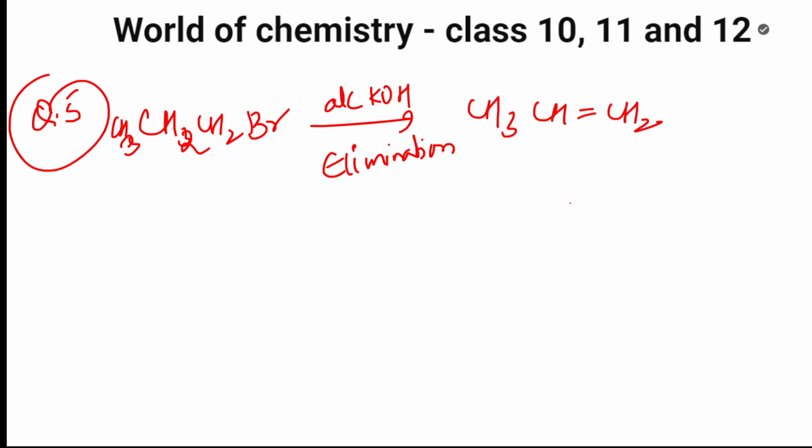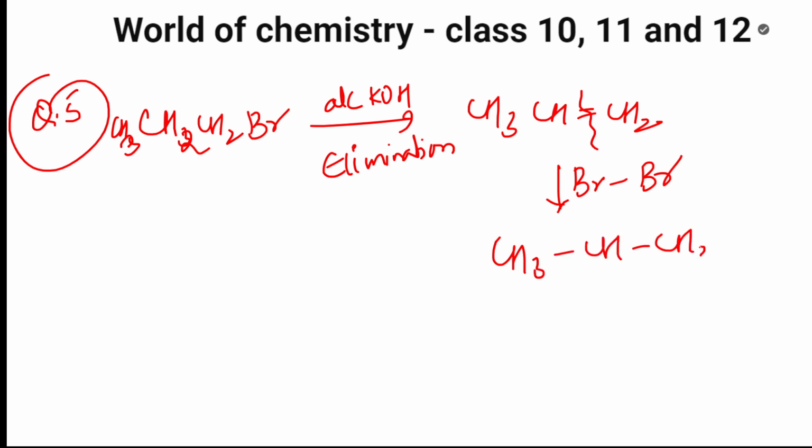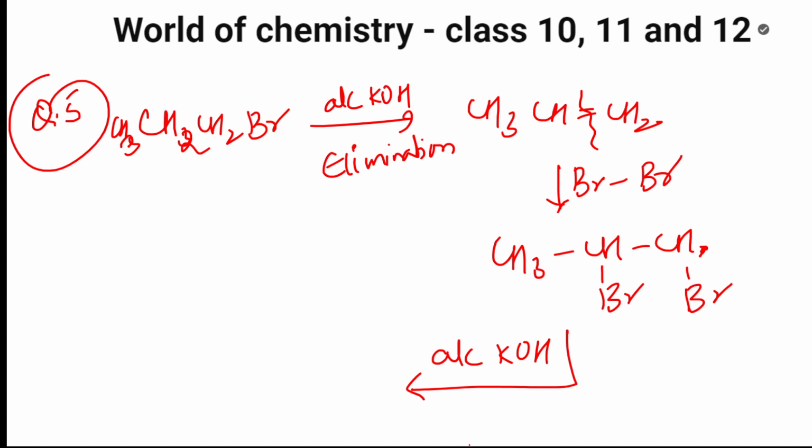The CH2. Now, suppose I'm adding bromine, again it will break and add around the double bond. This breaks, and I get one compound. What is the name of this compound, students? It is 1,2-dibromopropane. Easy. Now, let us take this, and again I am introducing alcoholic KOH. What will happen? But here in the reaction, they're giving you hydrazine.